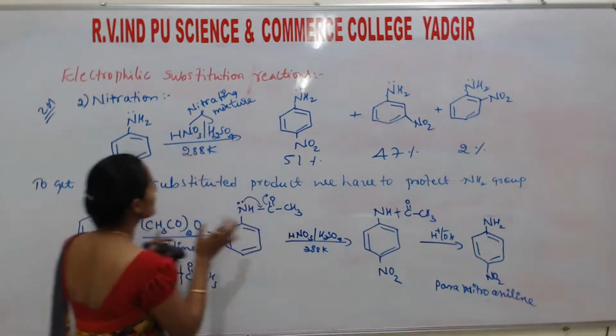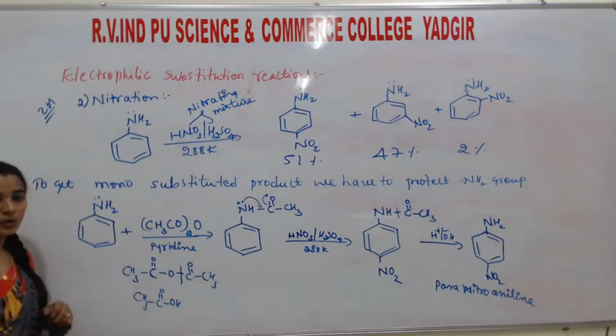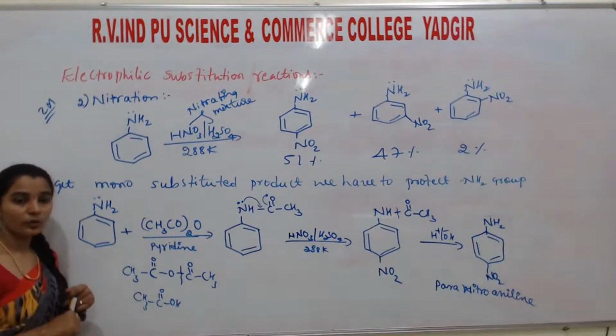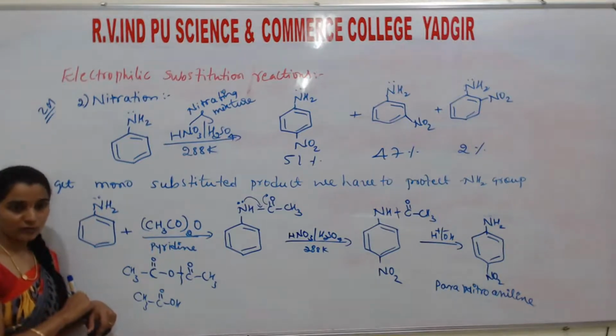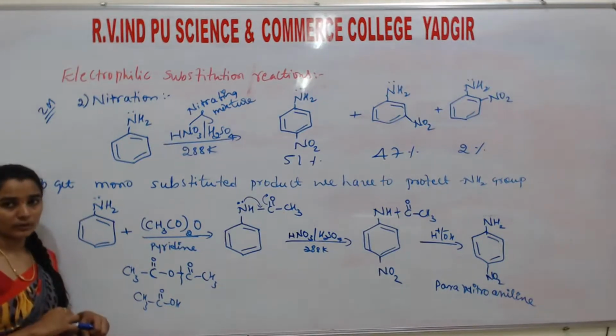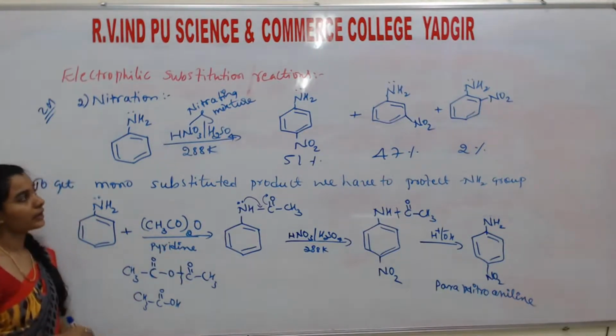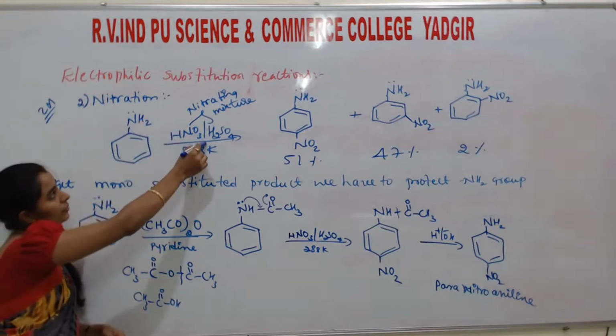Similarly, in the same way, you do it for sulfonation. So this is homework for you people. You do it for sulfonation. In the next class, I will explain sulfonation and also diazonium salts. That will end this chapter. Only one topic is left, that is sulfonation, which takes place in the same manner. Here you take sulfuric acid.